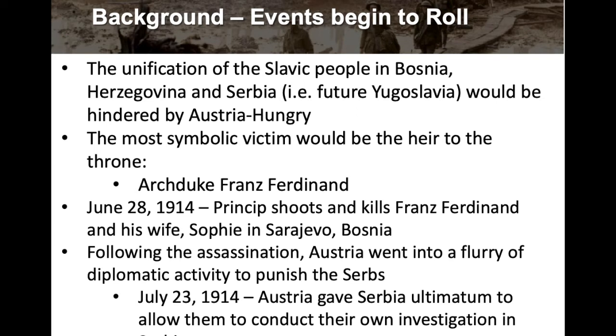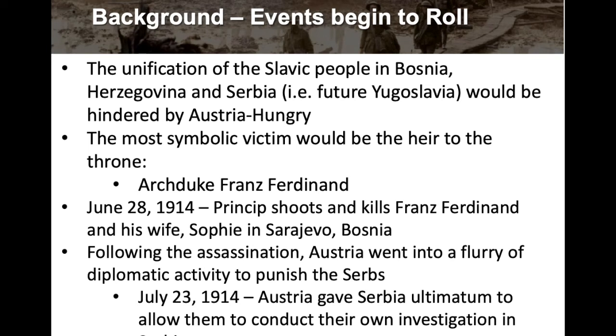Following the assassination, Austria goes into a flurry of diplomatic activity to punish the Serbs. So Austria, their Archduke was just killed by a Bosnian Serb in Bosnia. And so they want to punish the Serbs. July 23rd, 1914, Austria gives Serbia an ultimatum to allow them to conduct their own investigation in Serbia.